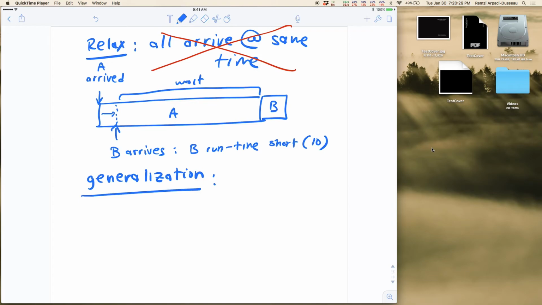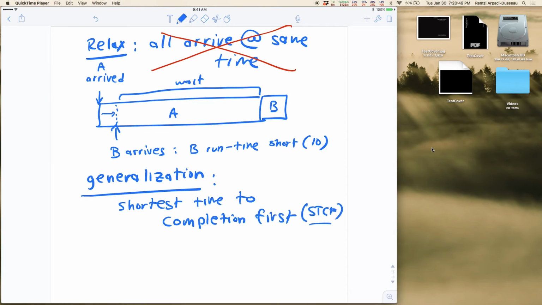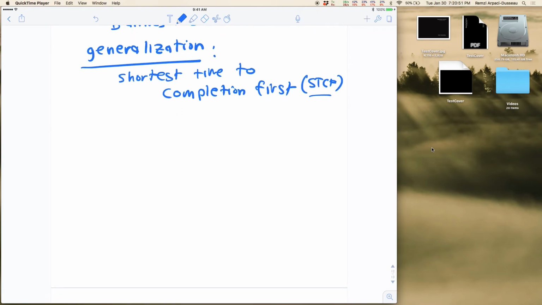Yeah, great. If you didn't hear that, basically the generalization of shortest job first that takes into account jobs that arrive at different times is shortest time to completion first, or STCF. Let's say A was this long, and let's say B was this long.